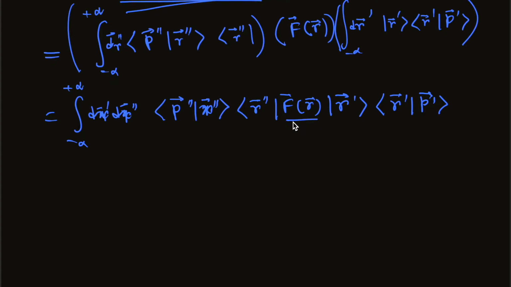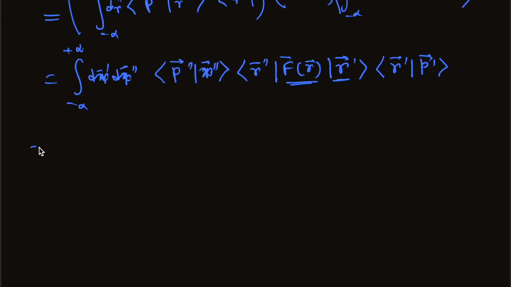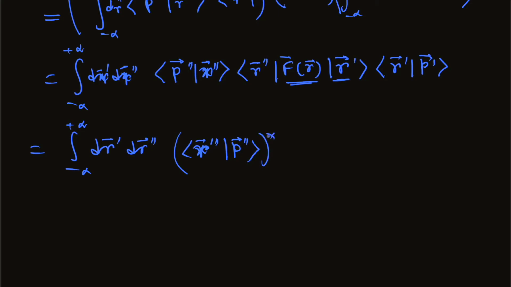So F(R) operating on r' will give F(r'), minus infinity to plus infinity d^3r' d^3r'', this actually ⟨r''|p''⟩*, and this is actually F(r') ⟨r''|r'⟩⟨r'|p'⟩.